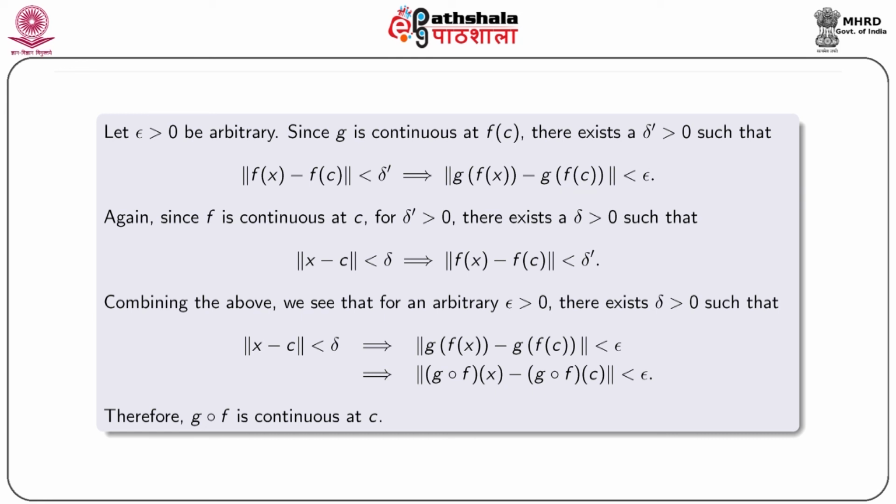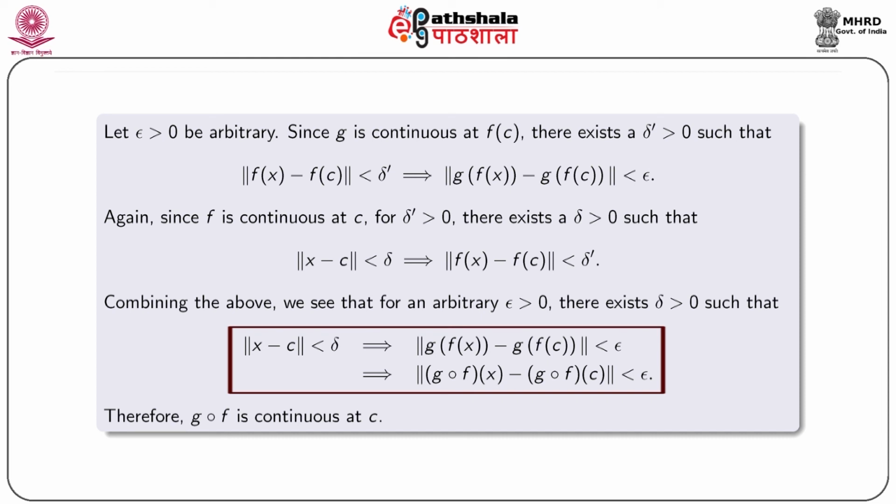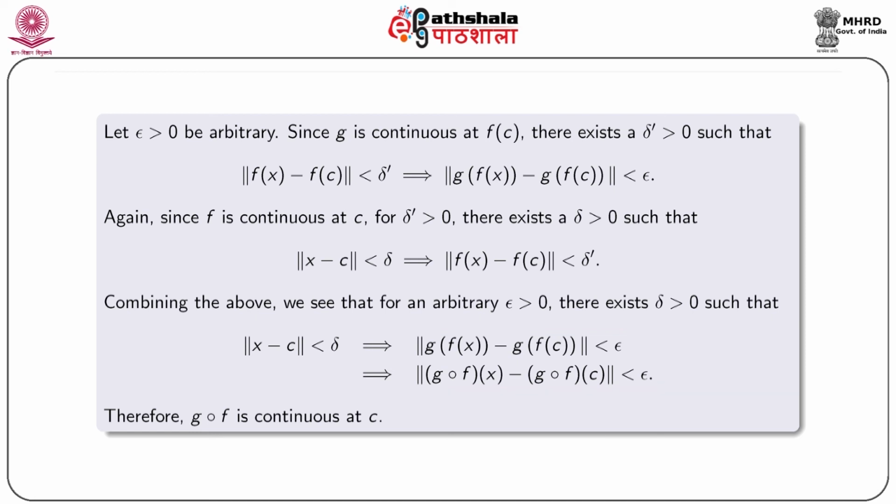Moreover, since F is continuous at c, corresponding to delta dash we can find a positive delta such that the norm of x minus c less than delta implies the norm of F(x) minus F(c) less than delta dash. We combine these two. So, corresponding to arbitrary epsilon, we can find a delta such that the norm of x minus c less than delta implies the norm of G(F(x)) minus G(F(c)) is less than epsilon. Therefore, G compose F is continuous at the point c.